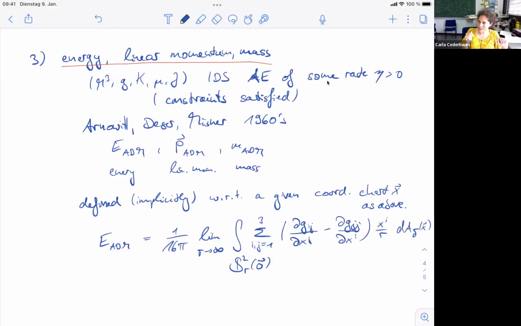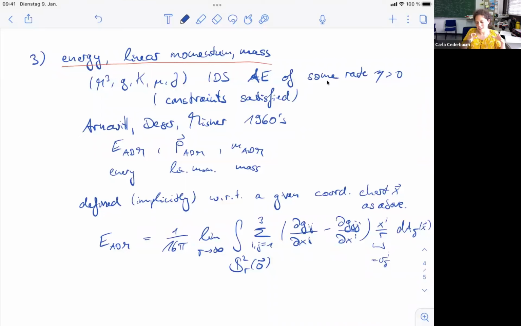That's what the delta means. This here is just the Euclidean normal to the sphere, the ith component of the Euclidean normal, and the sum is the sum over these coordinates.